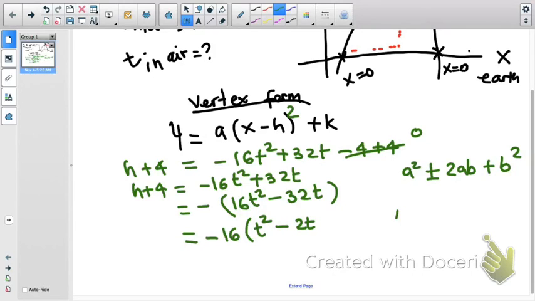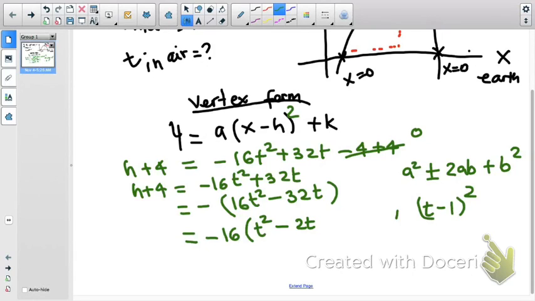So this is going to be our a. Now, let's complete the square. If we have t squared minus 2t, then the square is t minus 1 squared. And the reason I'm saying that is a squared is t squared, so a is t, just as we were doing.